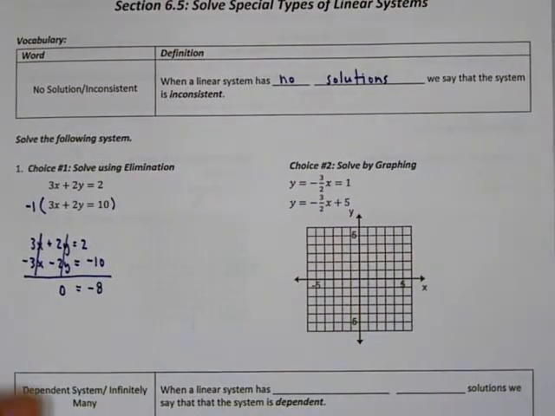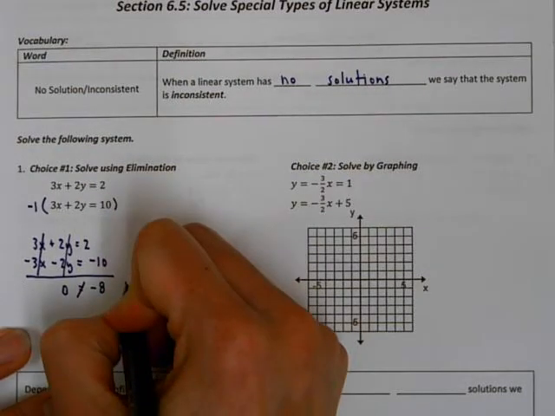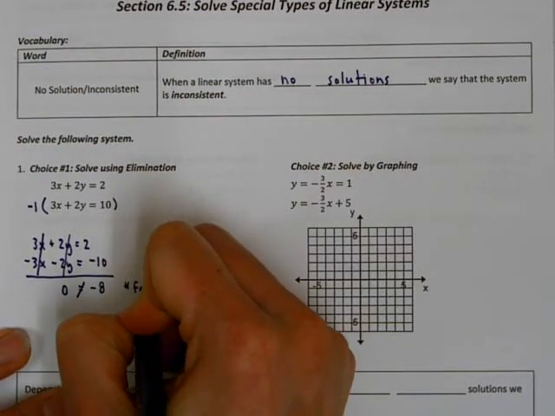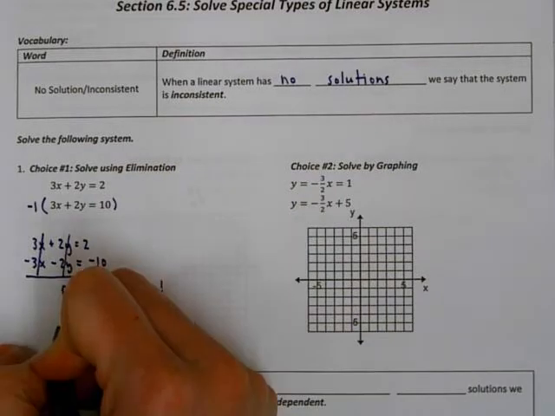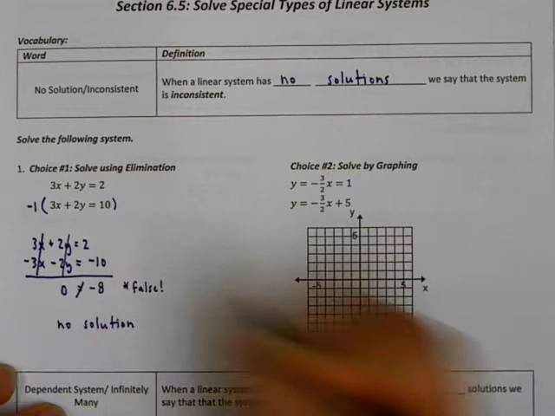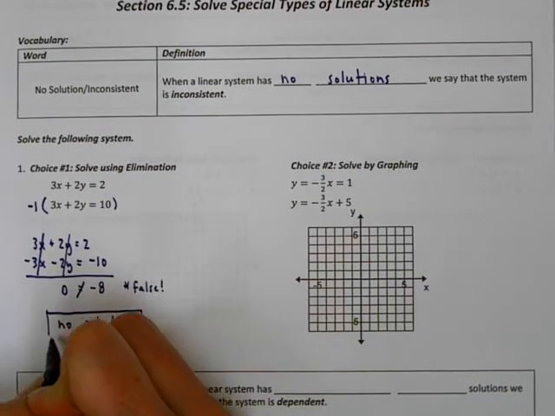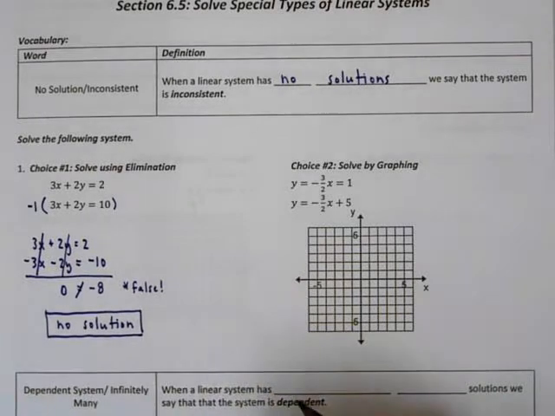Now looking at that, we know 0 is not equal to negative 8, right? We know that's false. So we would say this has no solution. We don't need to use the word inconsistent, we're just going to use the words no solution. And I'm going to make ourselves a note.